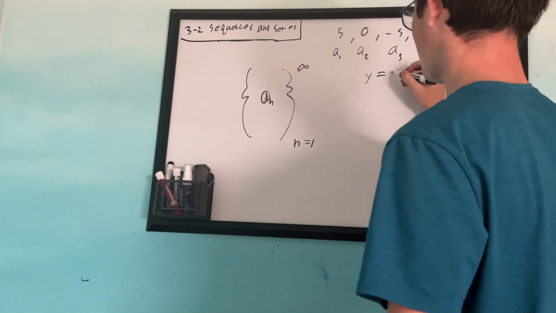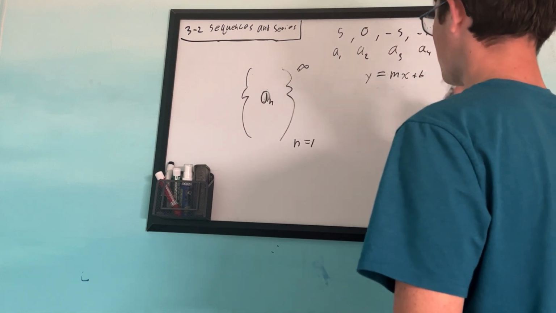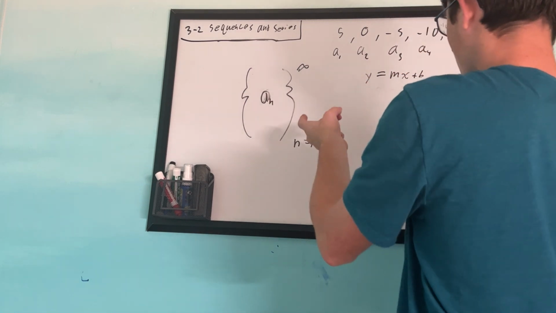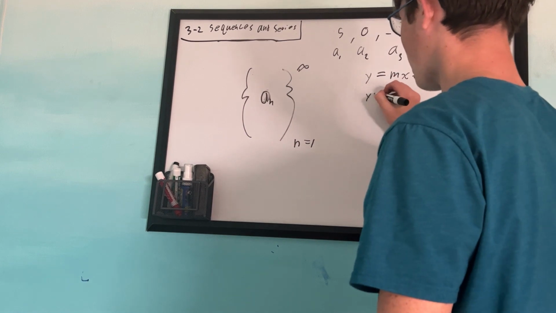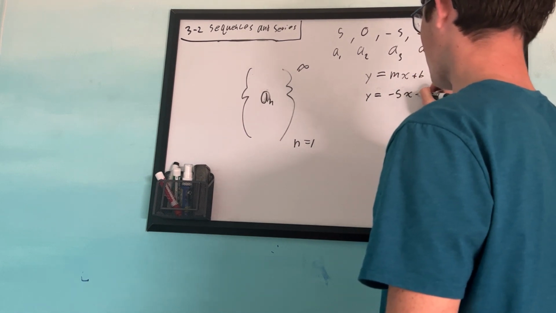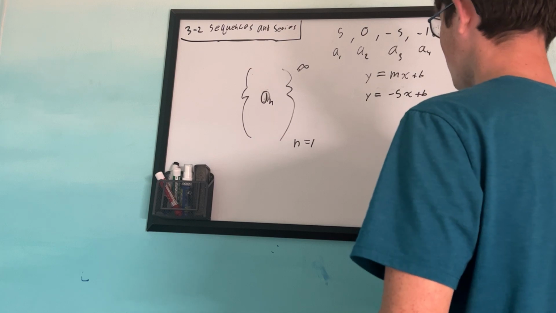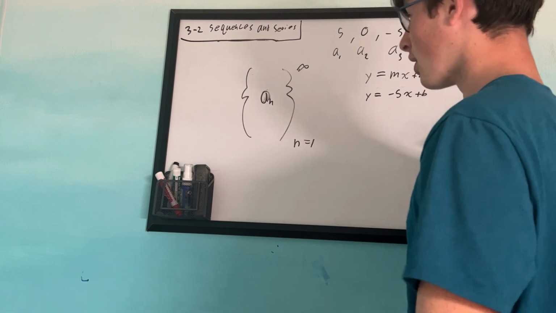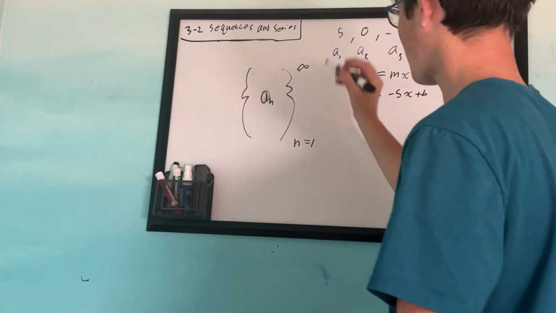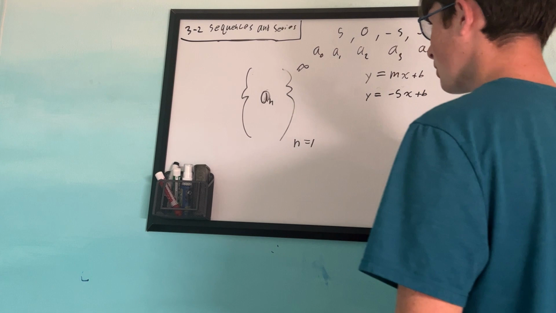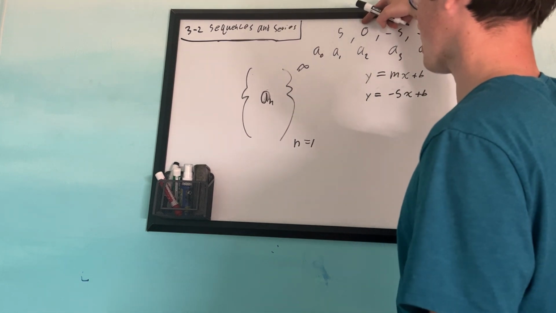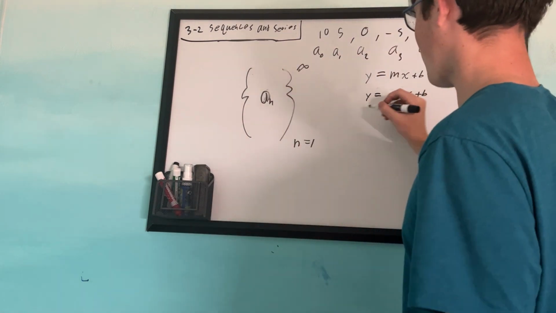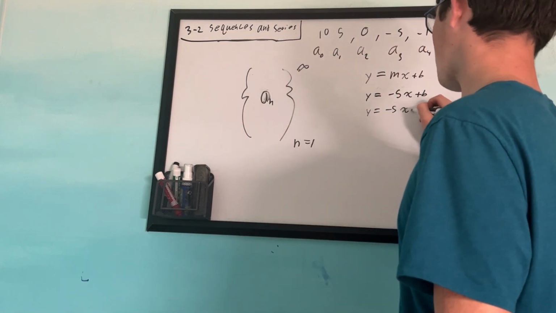If we put this into y equals mx plus b form, we can plug in the slope as y equals negative 5x plus b. Then we can find b as being some non-existent a0 term, which if we follow the pattern of adding 5 every time we go up, we get 10. So our b term would be 10: y equals negative 5x plus 10.